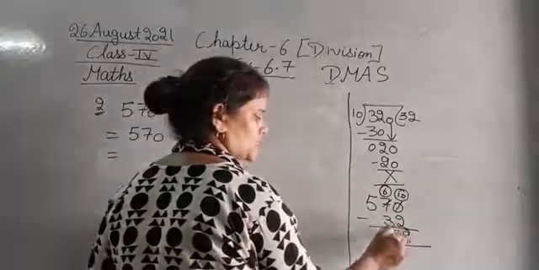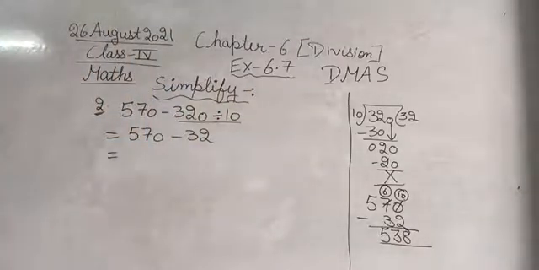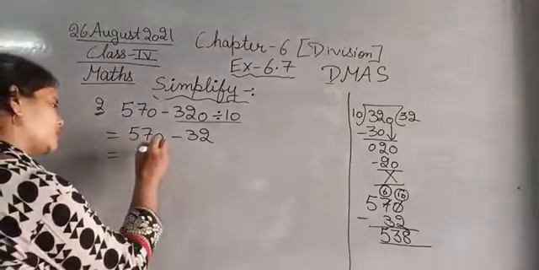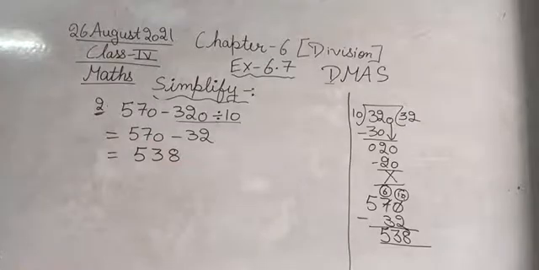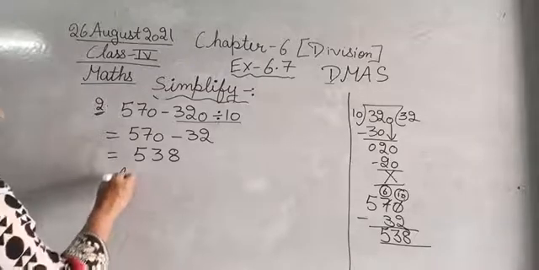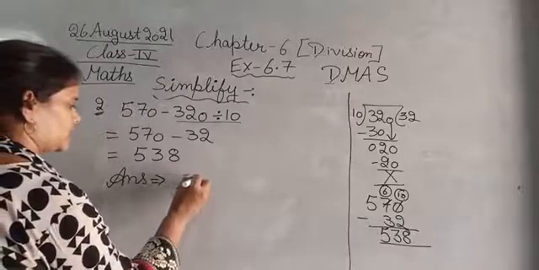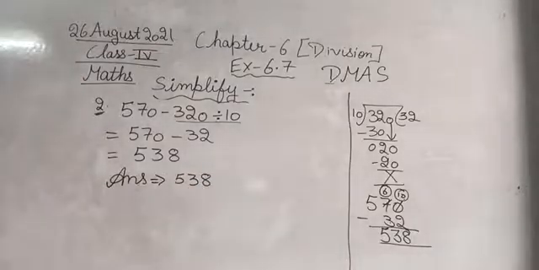And this is 5. So 570 minus 32 is 538. So the answer is 538.